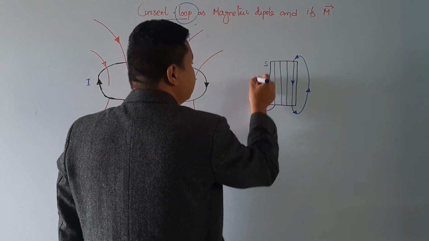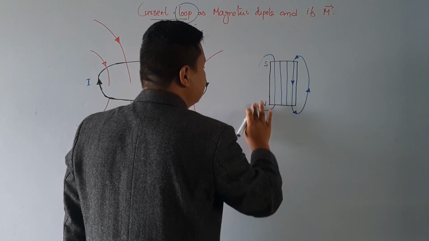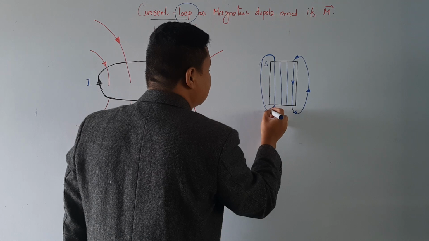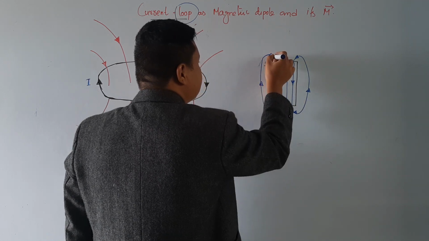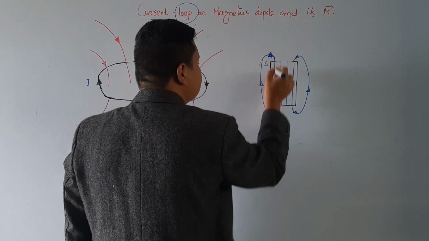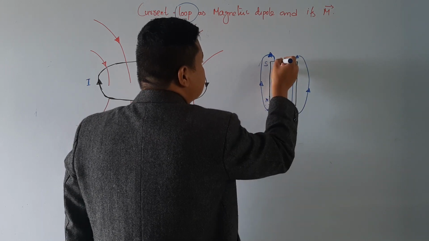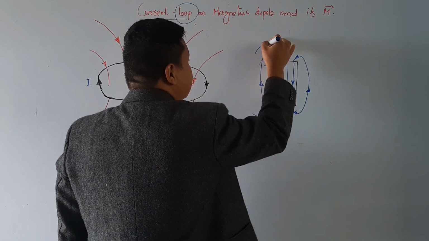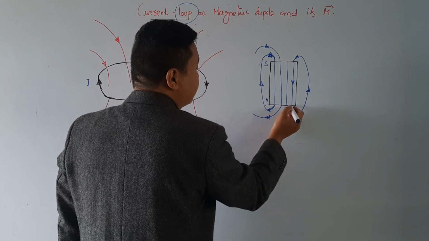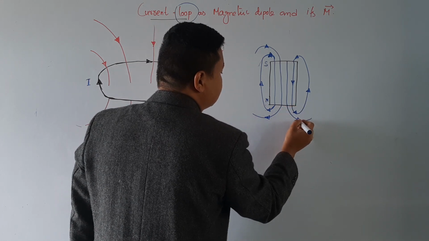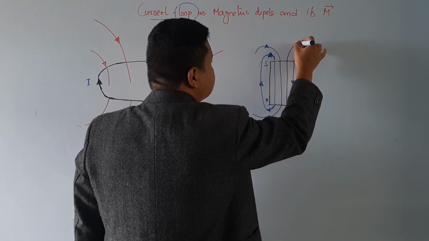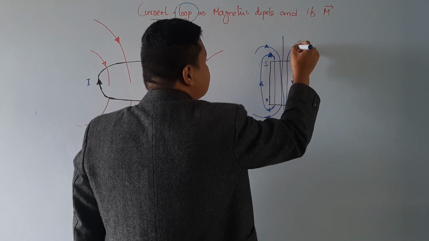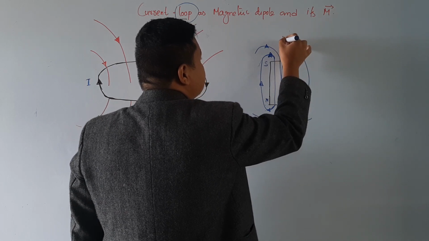Similarly, outside it goes from north pole to south pole. This is the direction of the magnetic field. Coming out from the north pole in this fashion, and entering into the south pole.